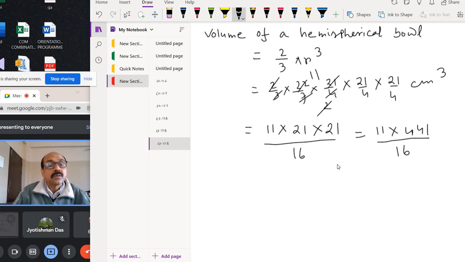Now multiply 441 and 11, not 16, 11. Multiply 441 into 11. So 441 into 1, 441, 441 into 10, 4410.